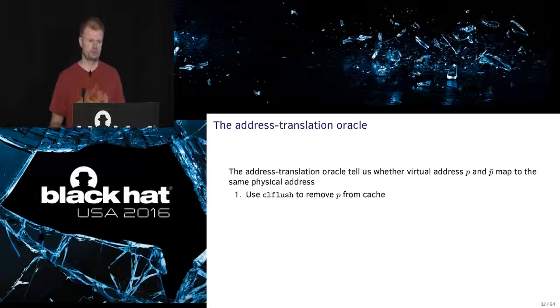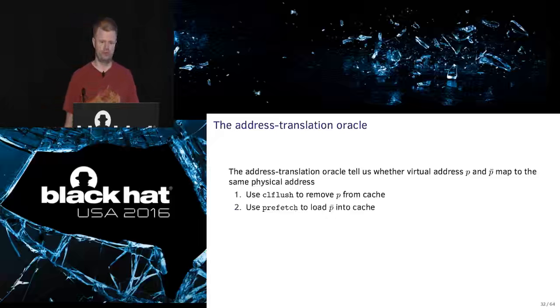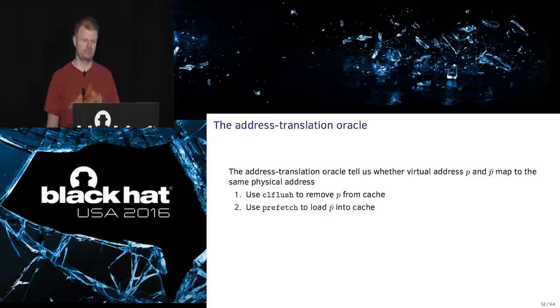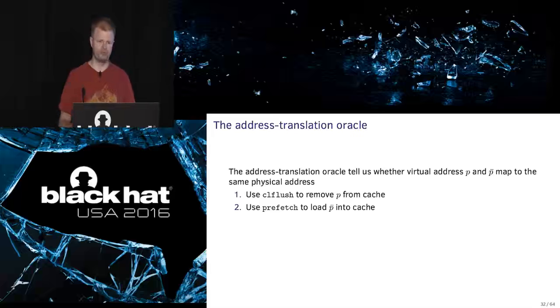The CLFLUSH instruction actually does cause access violations. This means that this has to be a user mode address where we have access. The second step is we use the prefetch instruction to load P bar into the cache. And remember, the prefetch instruction doesn't check privileges, meaning that P bar can be a kernel mode address.